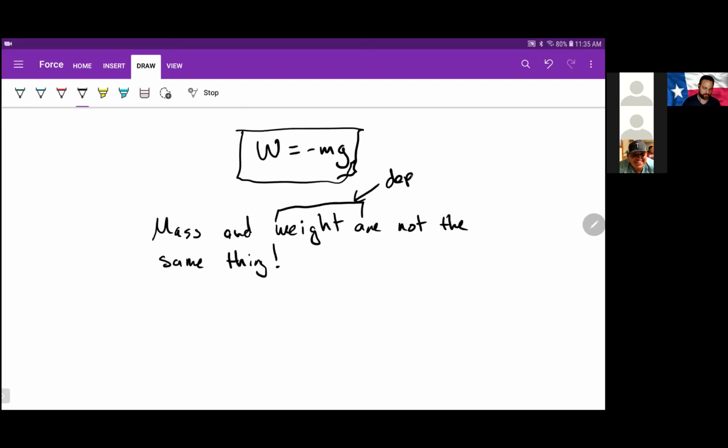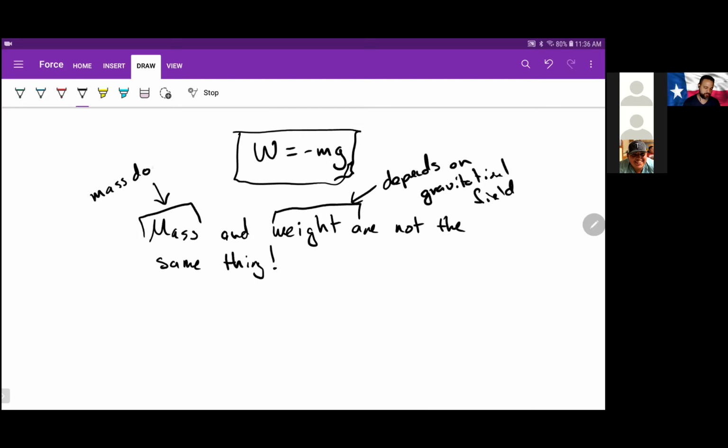Mass does not change due to location. It's a measure of how much something is made up of, right?